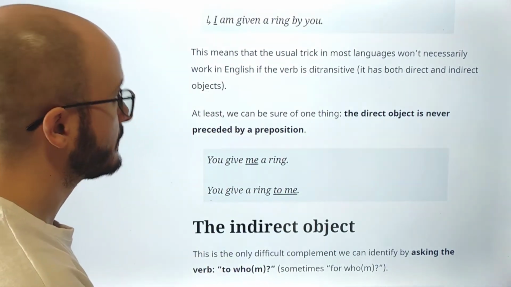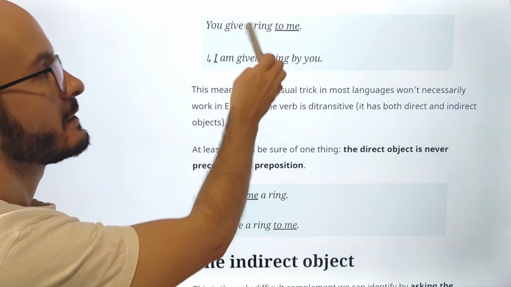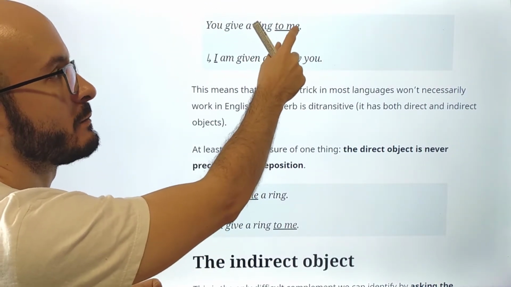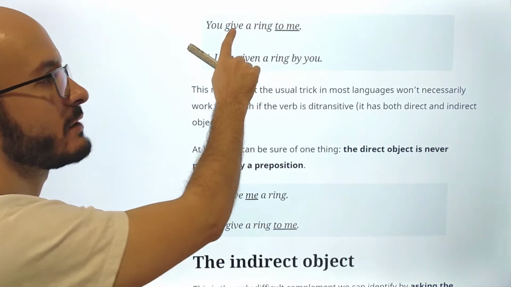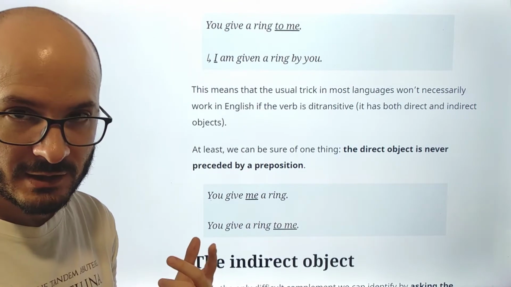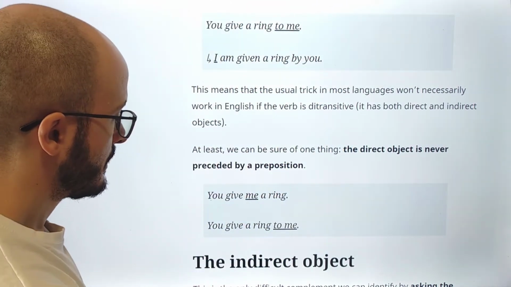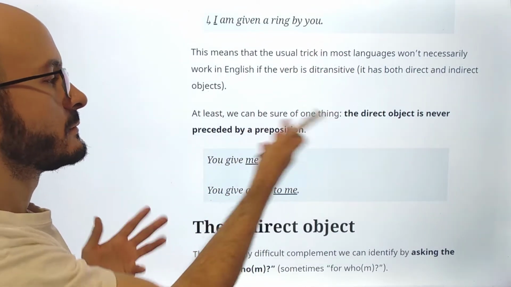Also, for example, here we have this, you give a ring to me. So this a ring is direct object, this indirect object. This verb has both direct and indirect, so this verb is ditransitive because it has both at the same time. Okay? So, what then?